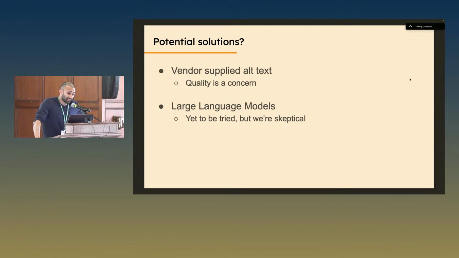A thing we haven't had time to look into, but would love to try, is large language models. We could potentially feed them context of the surrounding text, since we have all of the text of the work. We are skeptical of it. I think there's a talk after this that might expand on that. We're skeptical for a few reasons. One, similar quality concerns.